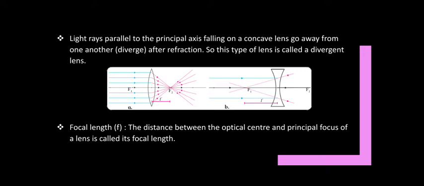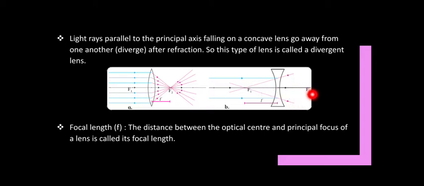Now, light rays parallel to the principal axis falling on a concave lens go away from one another. See here, the light ray which is coming from here has gone this way, and from here it has gone this way. So they are now away from each other. Basically they diverge, so the distance between them has increased.